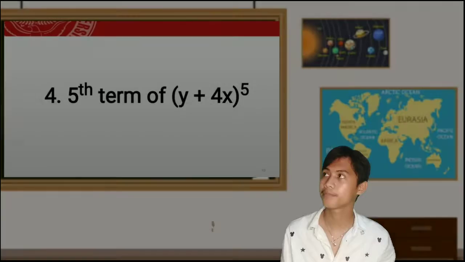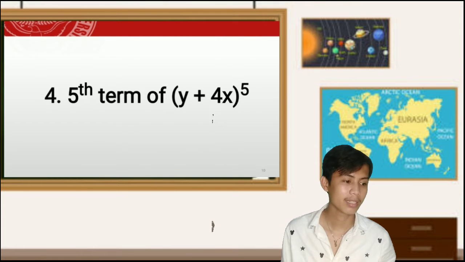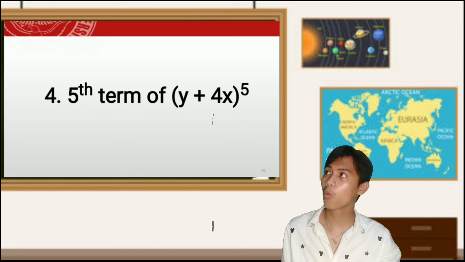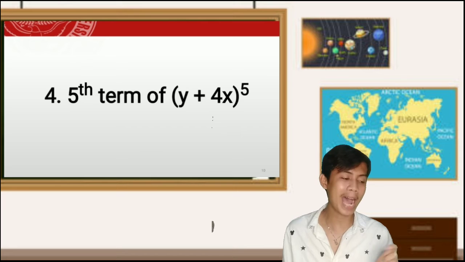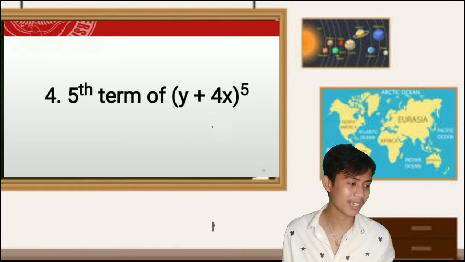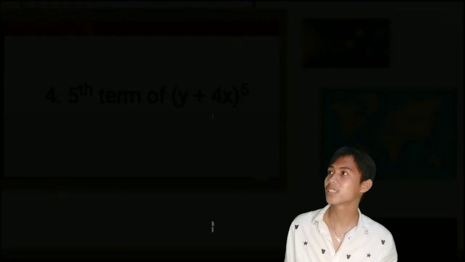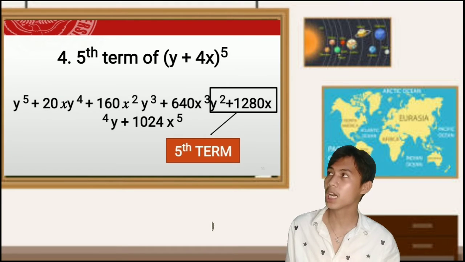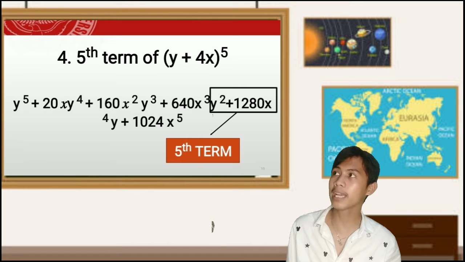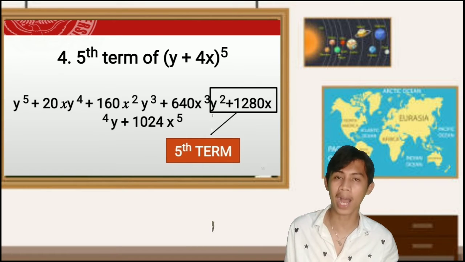Number 4. What is the fifth term of (y plus 4x) to the power of 5? Yes, cat. Very good. So, the fifth term of (y plus 4x) to the power of 5 is 1,280 x to the power of 4 y.